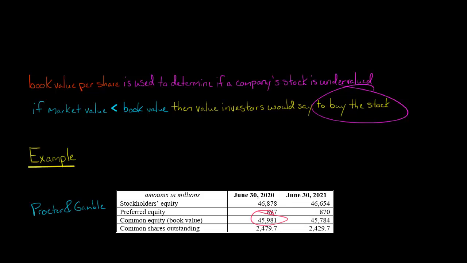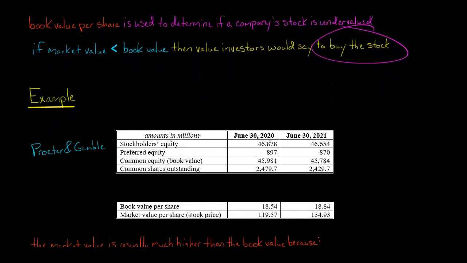Now, divide it by the number of common shares outstanding for Procter & Gamble. That's this amount here. So you take this, divide it by this, and that gives you the book value per share as of June 30th, 2020. These per share amounts are not in millions, by the way. So the book value per share was $18.54 as of June 30th, 2020.